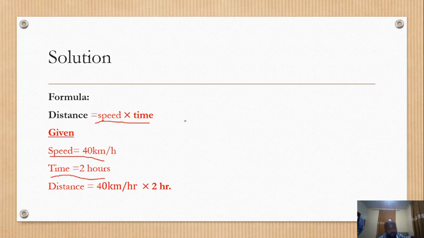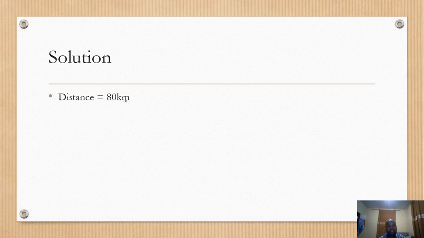So using this formula, distance equals the speed, 40 kilometers per hour, times time, 2 hours. The hour goes with the hour. Now we have 2 times 40, which is 80, and the unit left is the kilometer. So it's 80 kilometer.